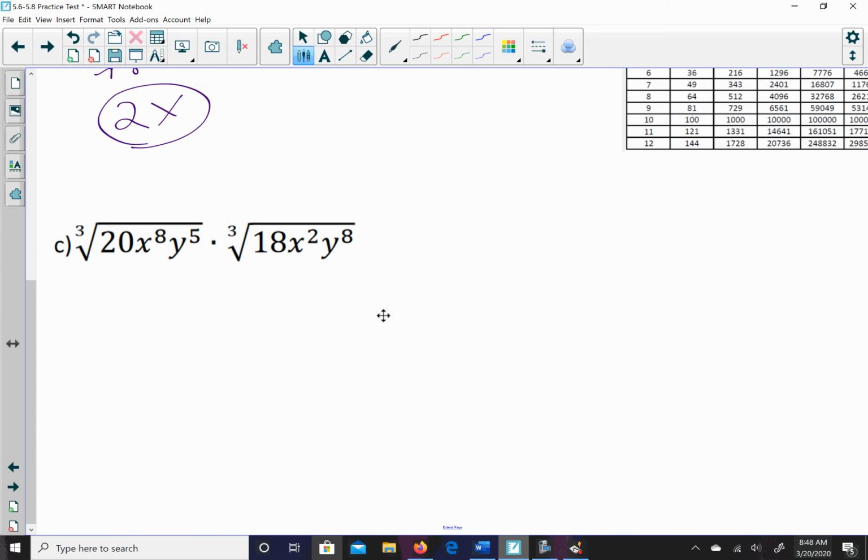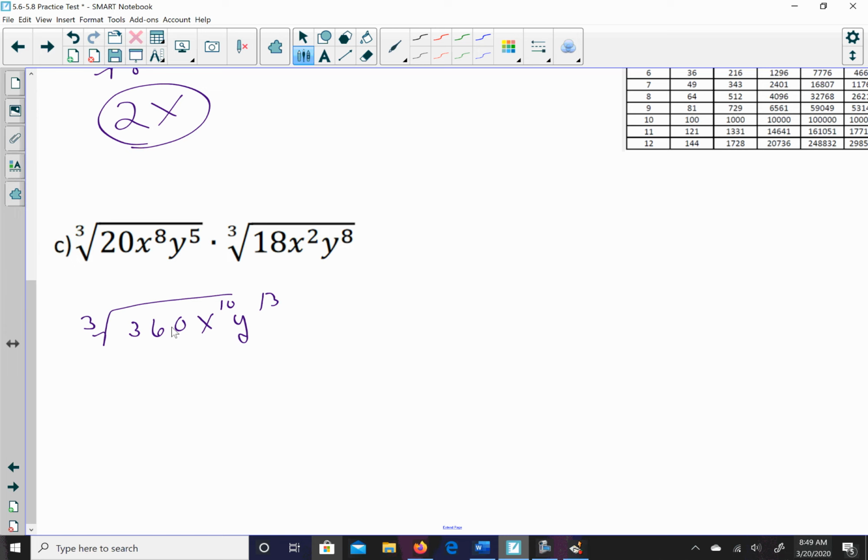Again, I have the same index of 3. I'm going to multiply the 20 times the 18 and get 360. I am going to take x to the 8th times x squared. Remember, I'm adding exponents, so that'll be x to the 10th. And y to the 5th times y to the 8th, which, adding exponents, will be y to the 13th.